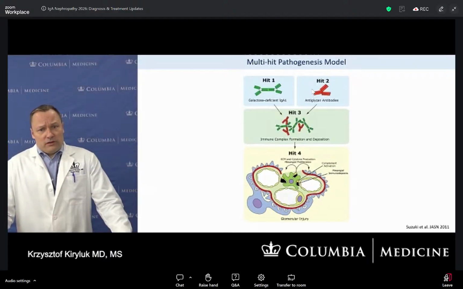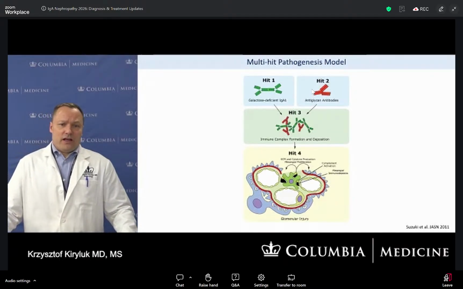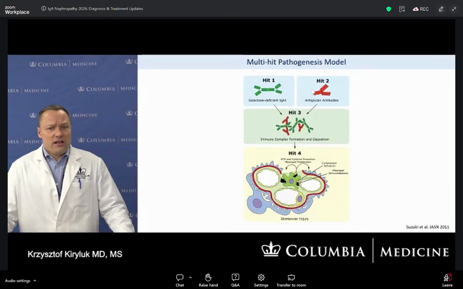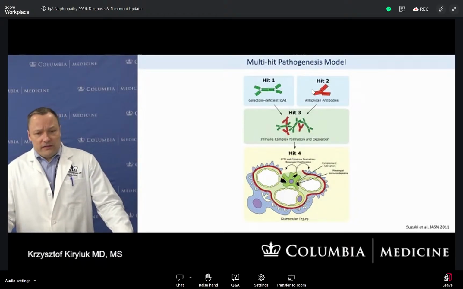And that model really requires 4 distinct hits. The first hit is, of course, elevated level of galactose-deficient IgA1, so this failure of addition of galactose to the hinge region. The second hit is the production of anti-glycan antibodies. When both of these factors are present, then immune complexes can form in the circulation. And these immune complexes then are attracted for some reason to the glomerular mesangium.